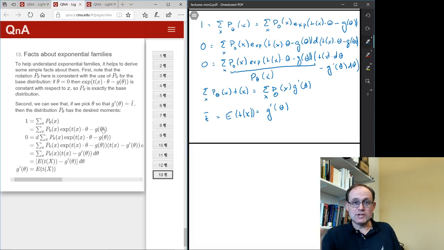That's just an example of doing a derivation using exponential families. It's kind of a cute derivation, because who would necessarily think of differentiating the identity that you have to sum to 1? It's also some good practice with differential calculus.